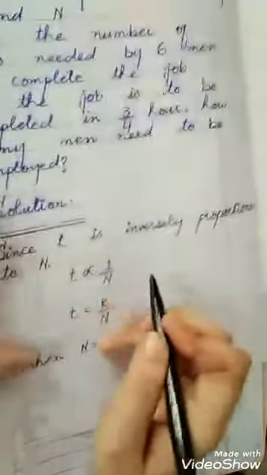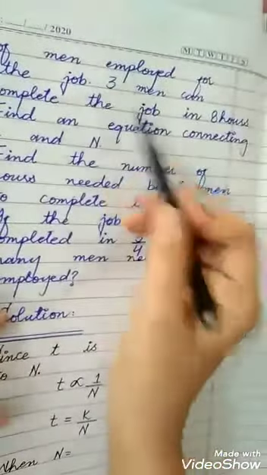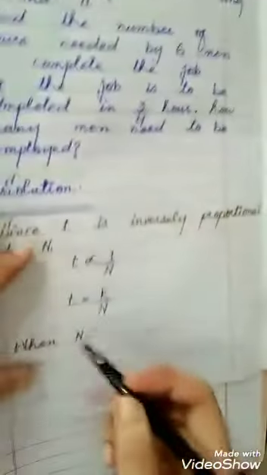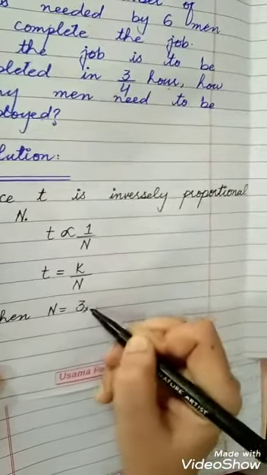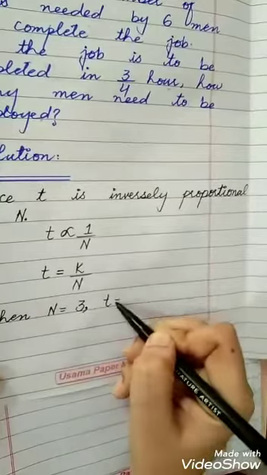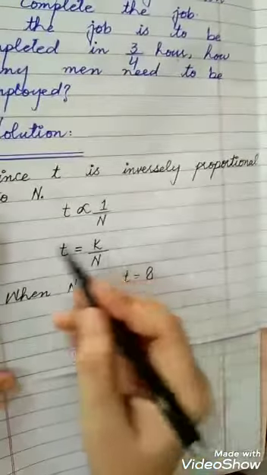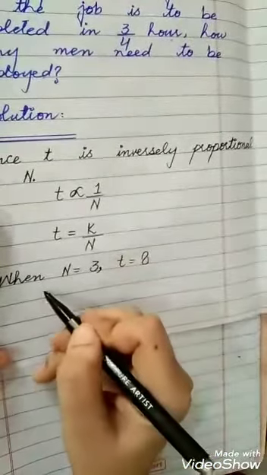When n is 3 men and time is 8 hours, first of all, we will put these values. N is 3 and t is 8 hours. So we will place these values in this equation.